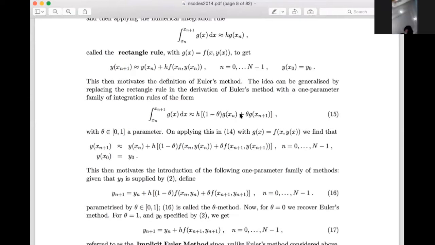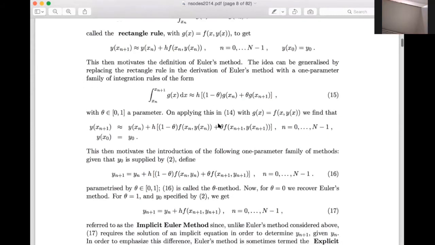Now if we put theta equal to 0, we get the forward Euler method. If theta is equal to 1, we have the backward Euler method. If theta is equal to 1 by 2, we have the trapezoidal rule.